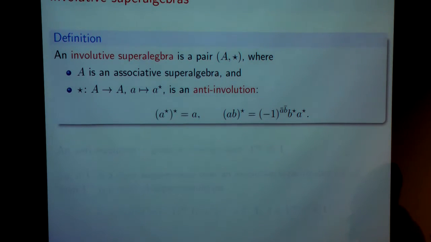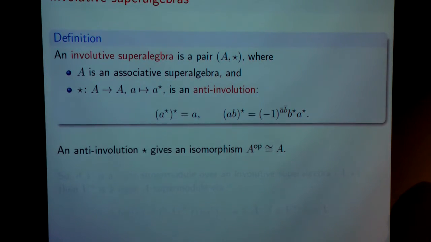So for some of our definitions, we're going to want to fix an involutive superalgebra. So that's just a superalgebra together with an anti-involution. Okay, so it squares to the identity and it reverses the multiplication. So we're going to want to fix one of these for some of our definitions. And this anti-involution precisely gives you an isomorphism between the opposite superalgebra and the original superalgebra.